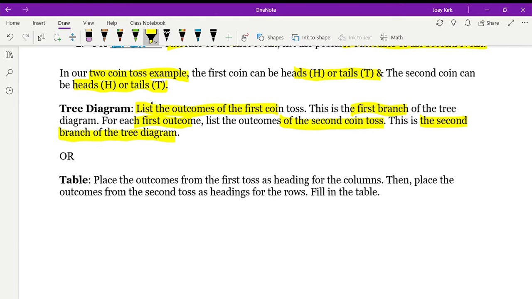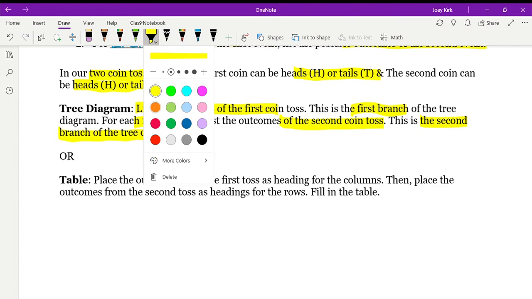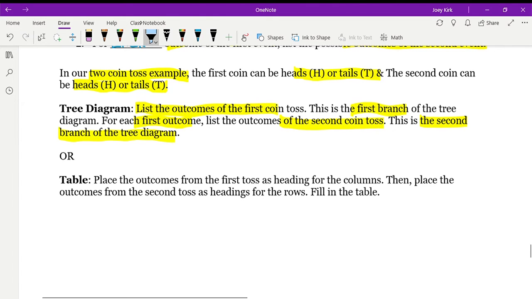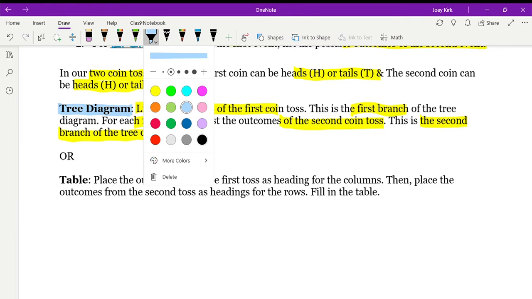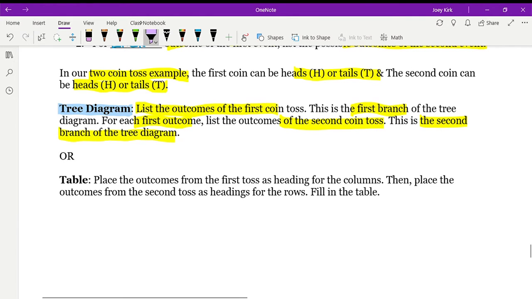Another way we can do this is by making a table, okay? And I will ask you to do both. You will probably find one that you prefer, and that's totally fine. But please try and get a handle on how to do both, because they can both be really helpful.